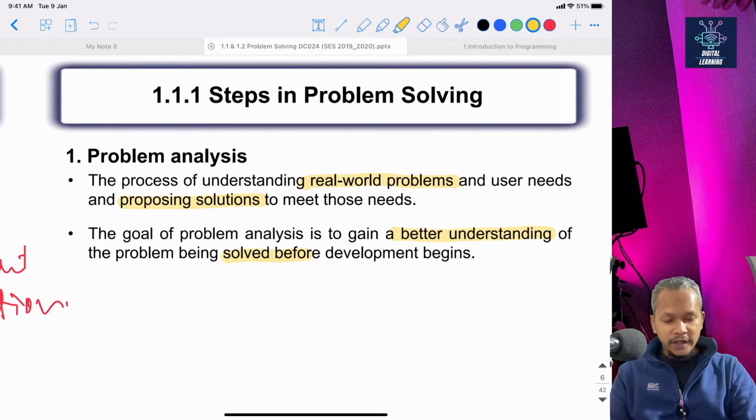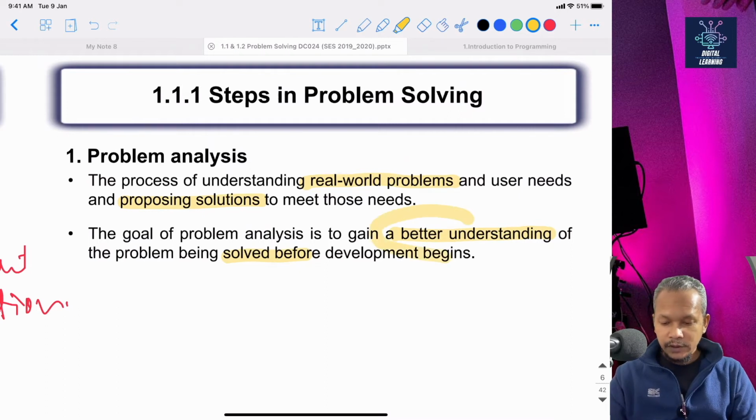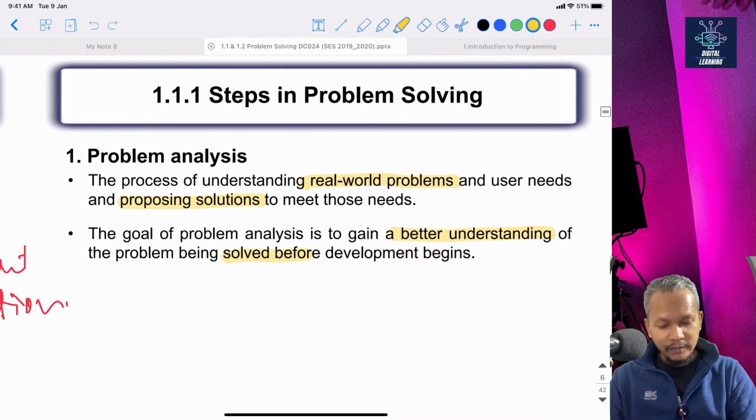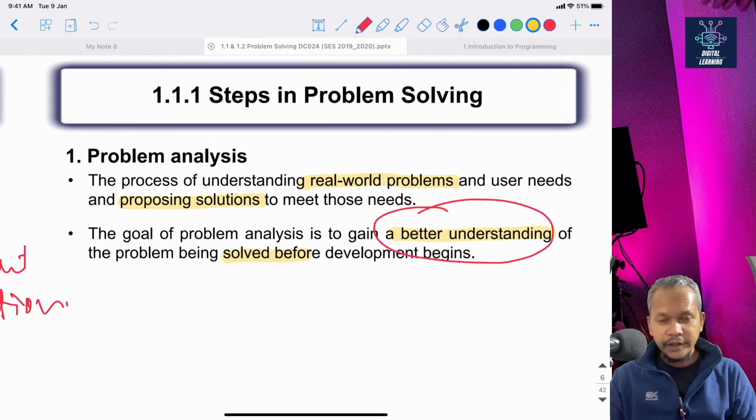So before they can develop something, they need to better understand the problem, so they can think of the best solution they can choose.